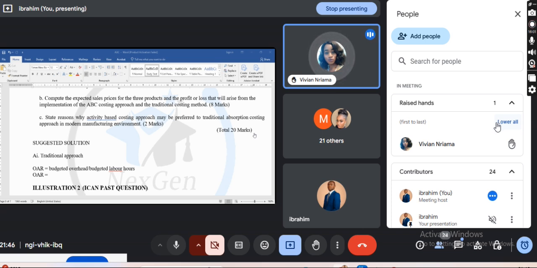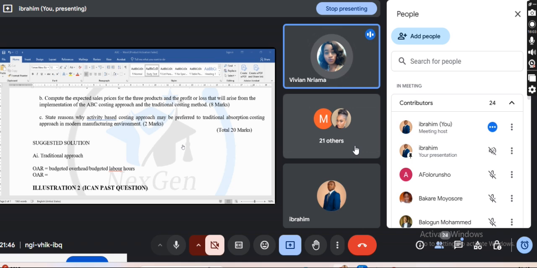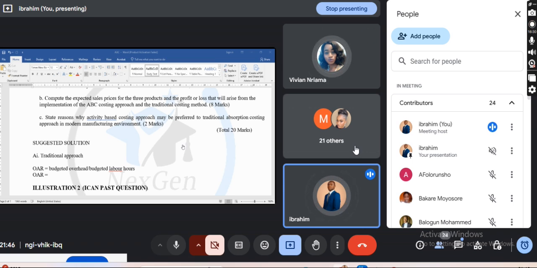We said that the formula for OAR is budgeted overhead over budgeted activity, but in this question the activity has been given, which is the labor hour. Is there a situation where we will not be given the budgeted activity like this? Okay, thank you.